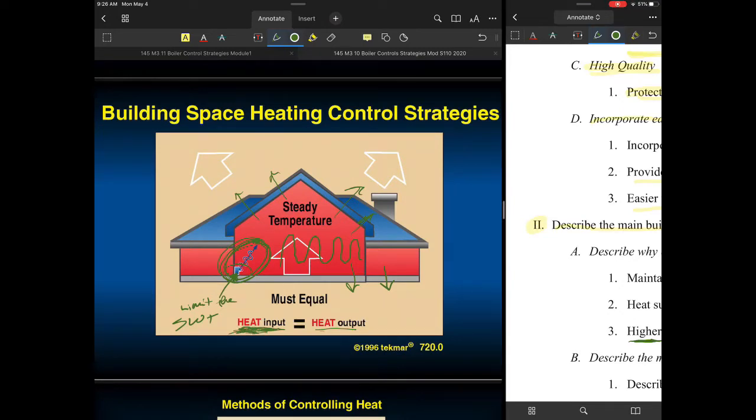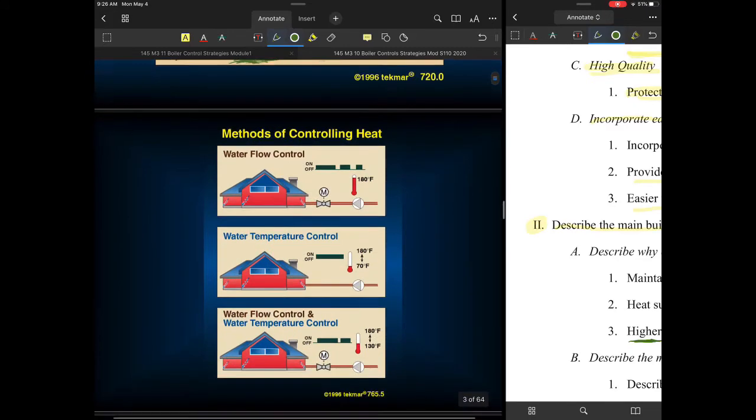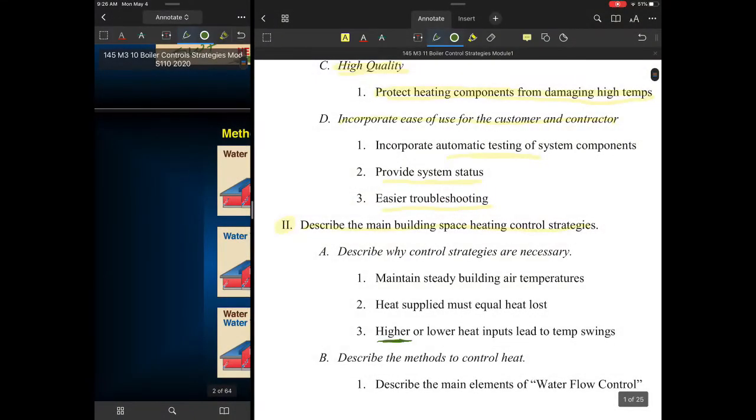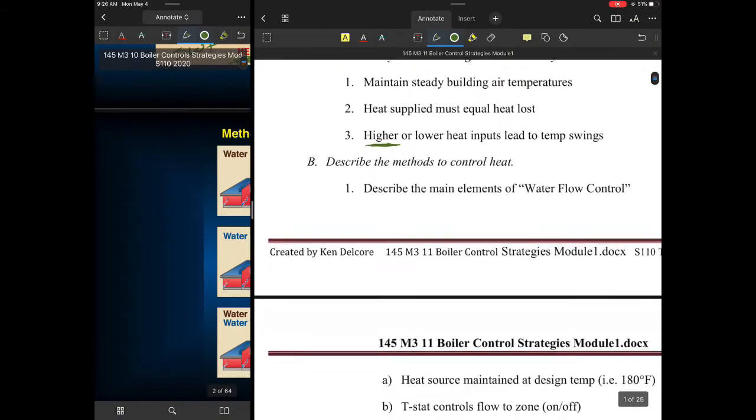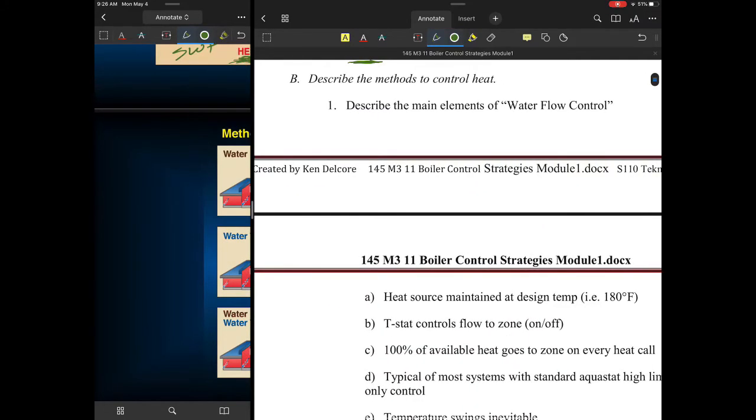The other issue is this. The higher the mass of this emitter also leads to that problem. So this is why being able to control that heat input, and generally the strategy we usually use is reset, and I'll talk about that in a little while, is one of the ways that we do that. Let's take a look at a couple of the strategies.